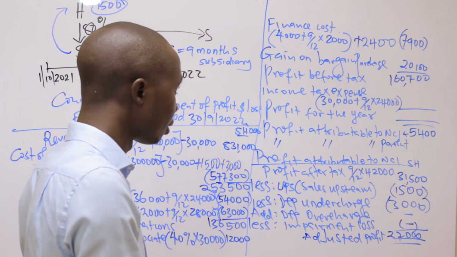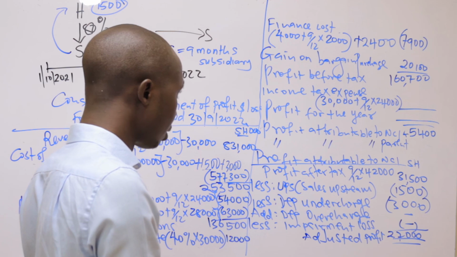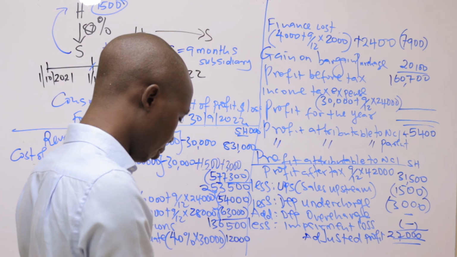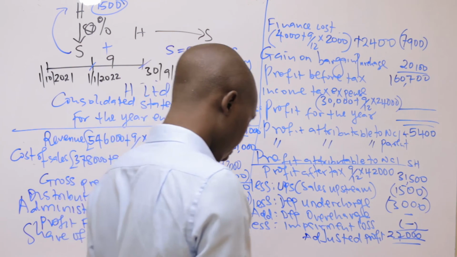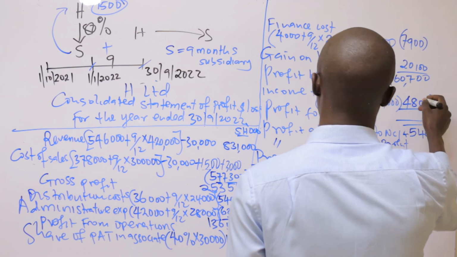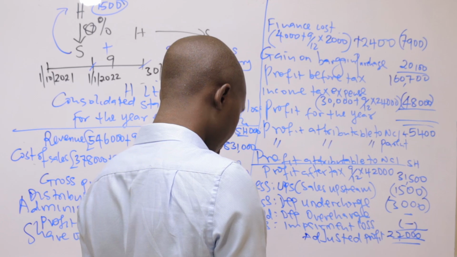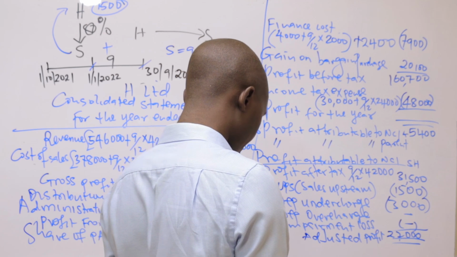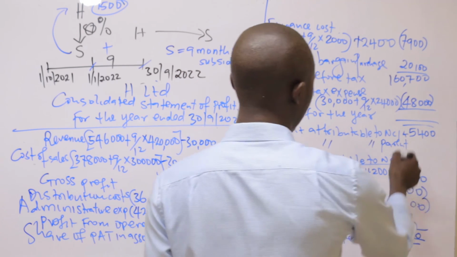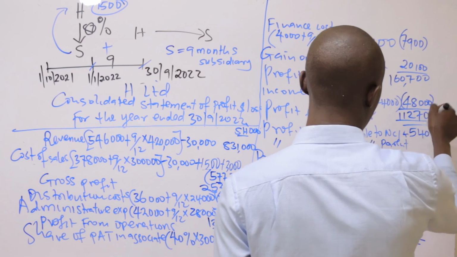9 over 12 times 24,000 plus 30,000 is 48,000. So 160,700 minus the answer. So this is 112,700.